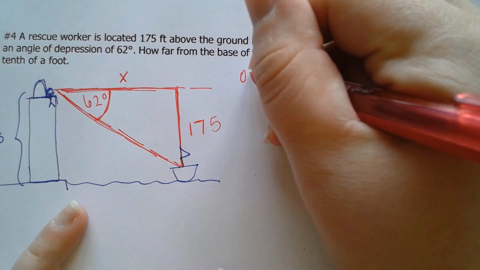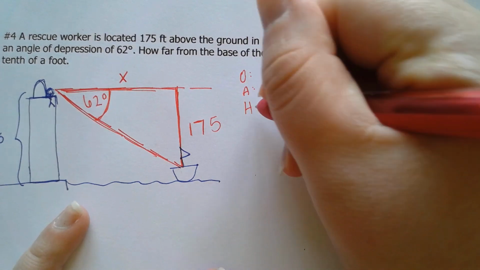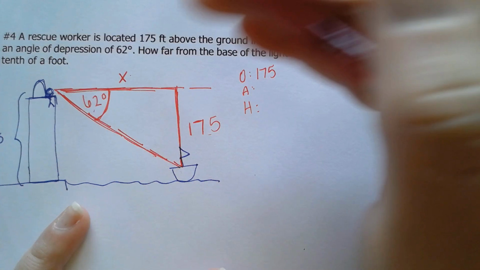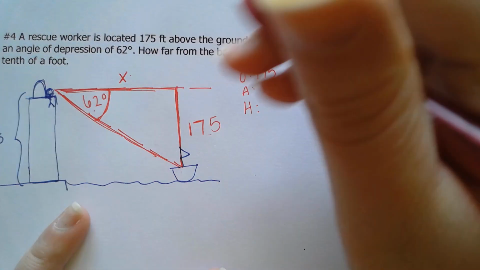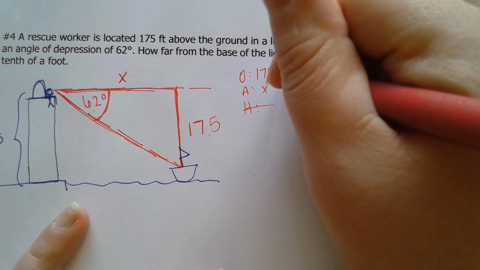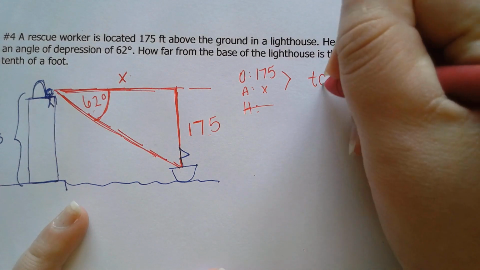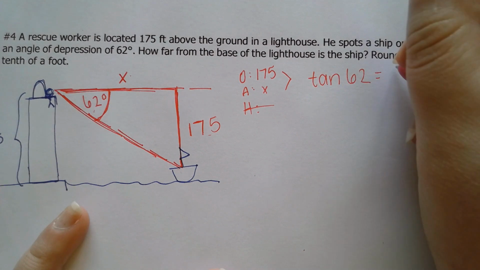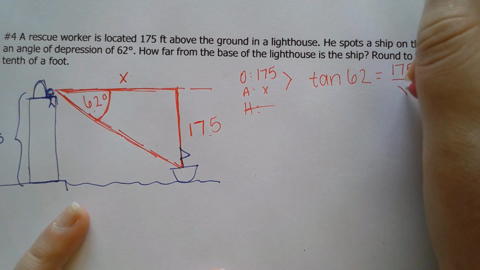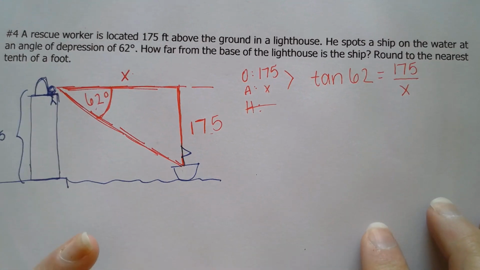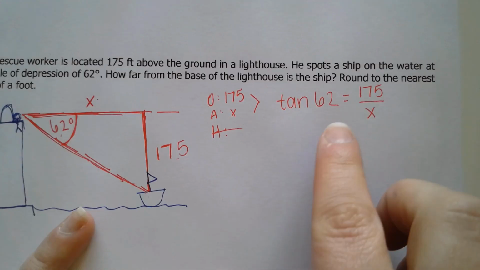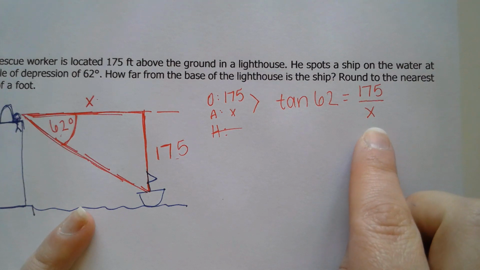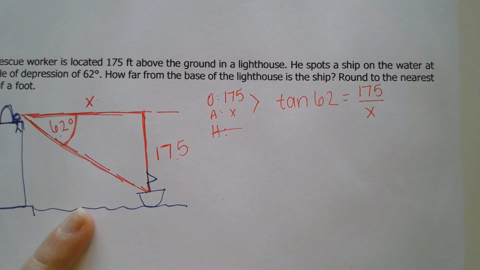Just like before, we have to figure out what ratio I'm going to use. I have my opposite is 175, my adjacent is my x, and I have no value for my hypotenuse. Hey, look, it's tangent again. So tangent of 62 degrees is going to equal opposite 175 over x. Now on this one, you guys saw in the previous lesson that because x is my denominator, it's going to give me a couple more steps to solve.